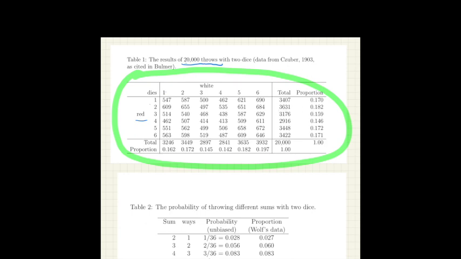So from this, can you tell that these dice are biased? Of course, each die has 6 faces.